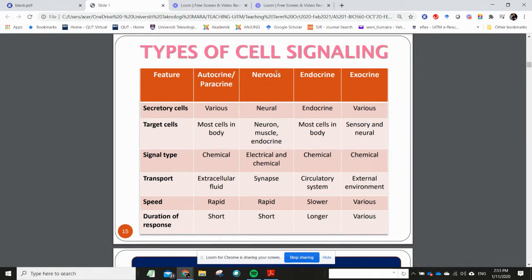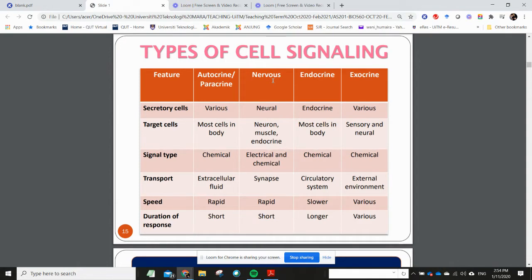For nervous cell signaling, long distance, indirect, the target cell can be neuron, muscles, or endocrine. When the neuron or neurosecretory neuron secretes the substances, we call them neurohormones. Neurohormones travel to be received by the muscle or a neuron or endocrine gland.